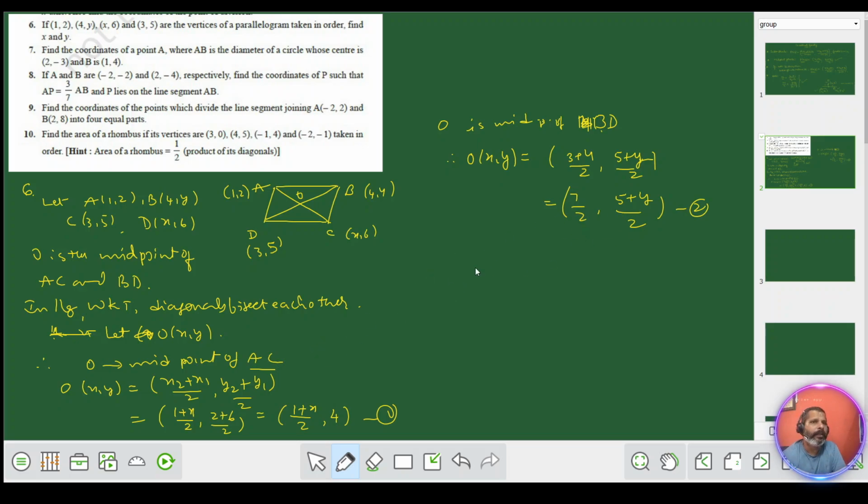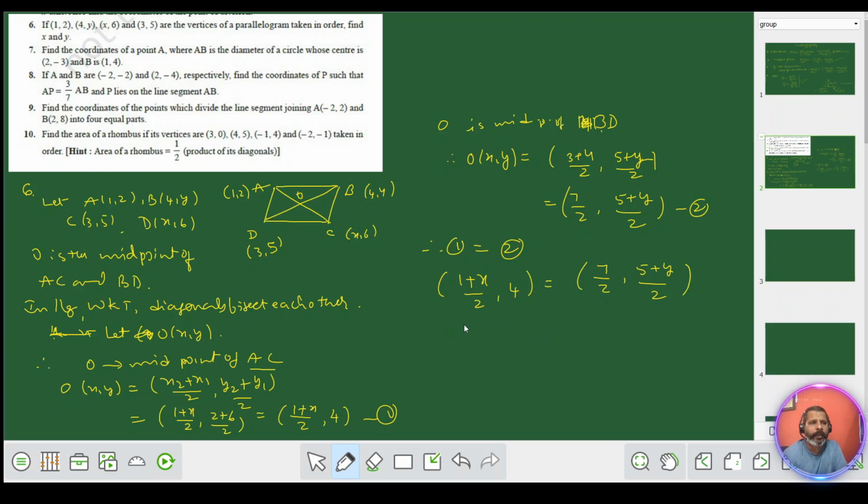If you observe, the O coordinates in 1 and 2 should be equal. Therefore 1 should be equal to 2. That means ((1 + x)/2, 4) equals (7/2, (5 + y)/2).